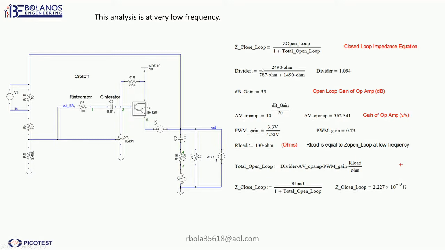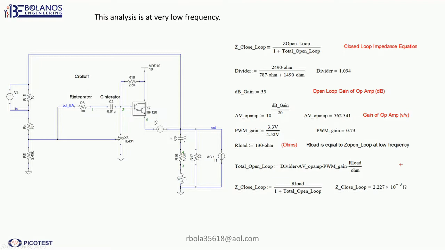Okay. So here you can see the transfer function of the divider. And then here, this is the measured gain of the internal op amp that's inside the TL431. It has a gain of 55 dB, which turns out to be 562 volts per volt.